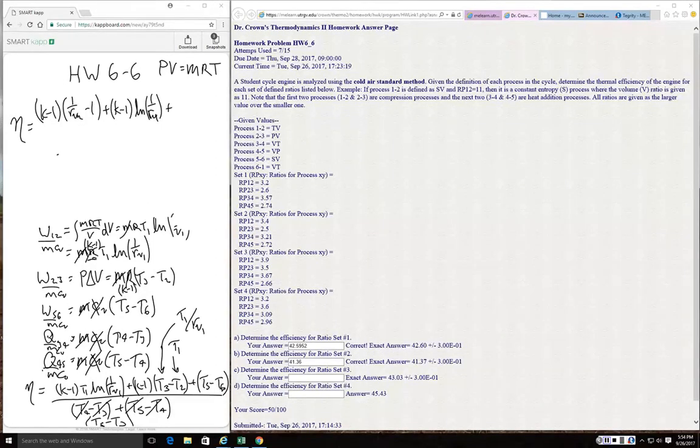So it's RP RT over RV2, and that's multiplied by 1 minus 1 over RV1, RV2 to the K minus 1, and then divided by 1 over RV2 times RP RT minus 1.